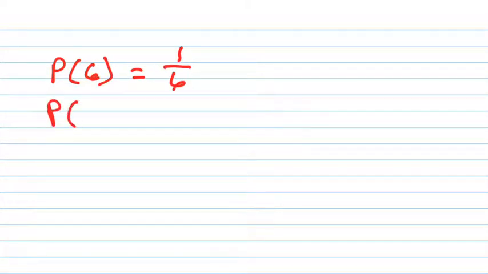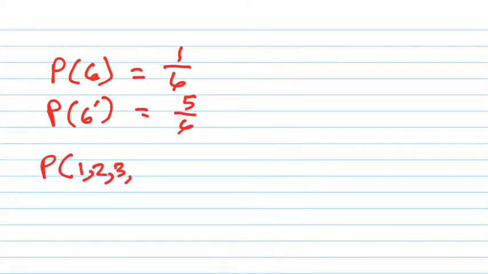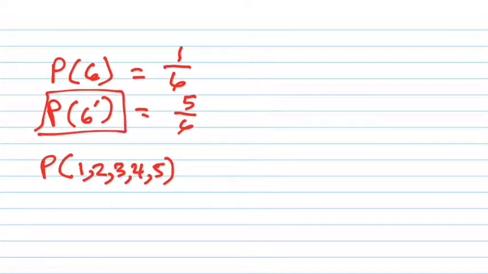The probability of 6 prime, not getting a 6, is 5 out of 6. It is another way of taking a shortcut, so you don't have to write out all, because otherwise you'd have to write the probability of 1, 2, 3, 4, 5. So instead, you can just write 6 prime.